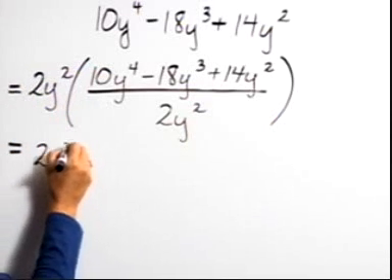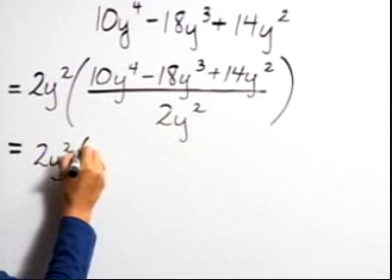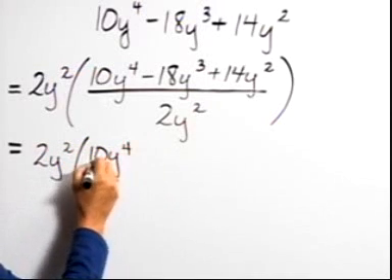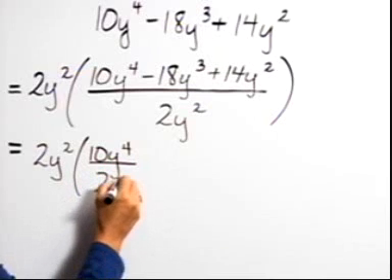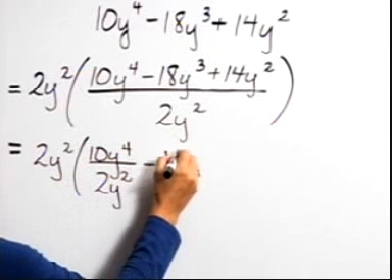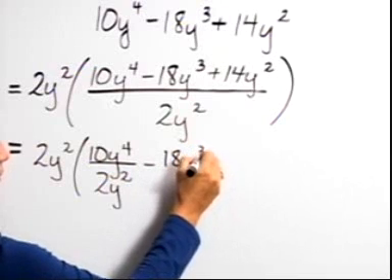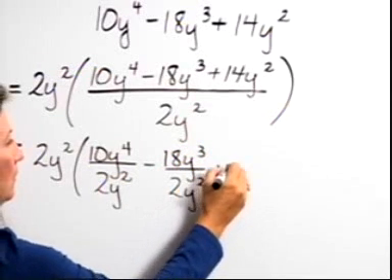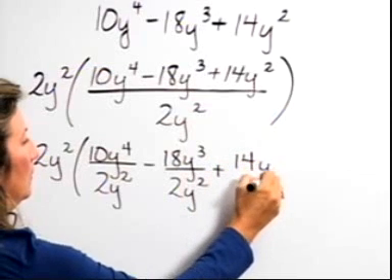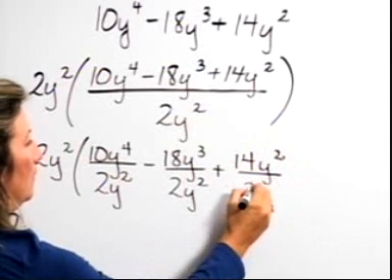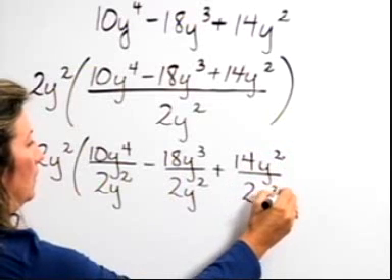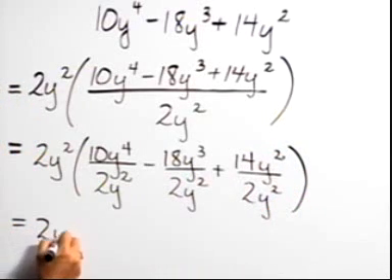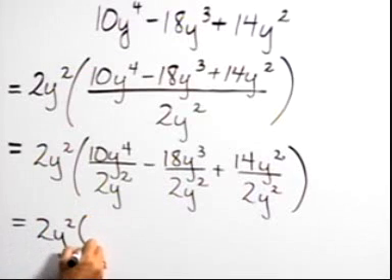Now, separate each part of the numerator over the denominator. And then divide your coefficients and subtract your exponents.